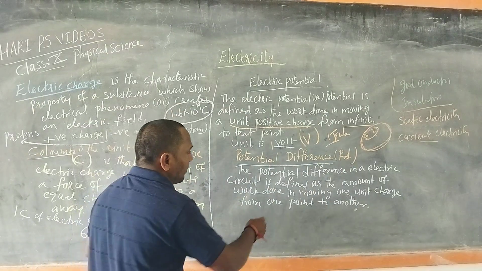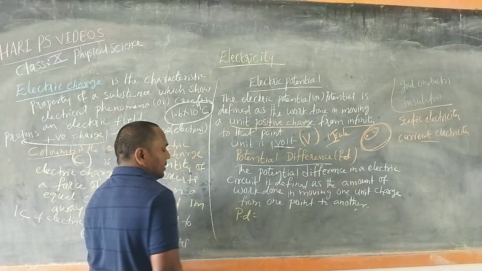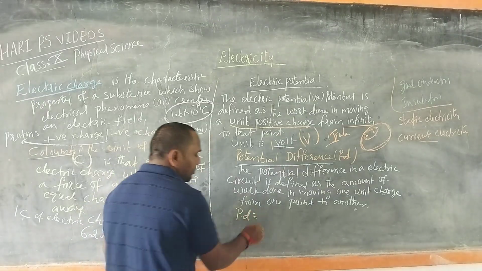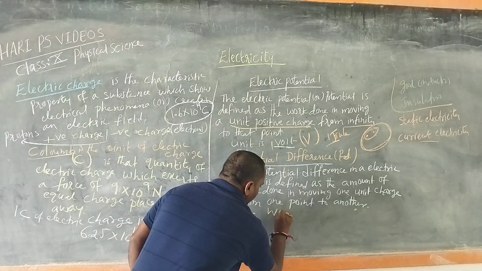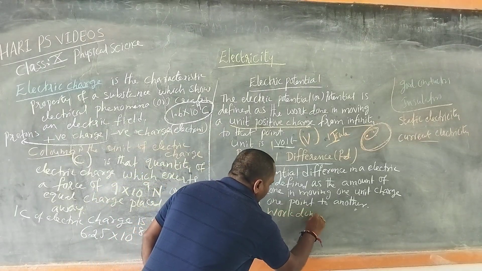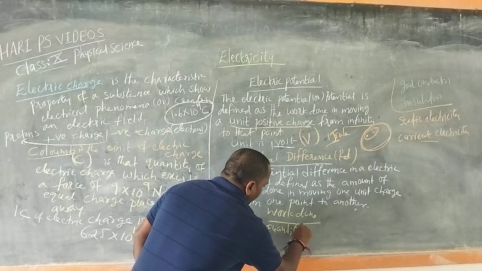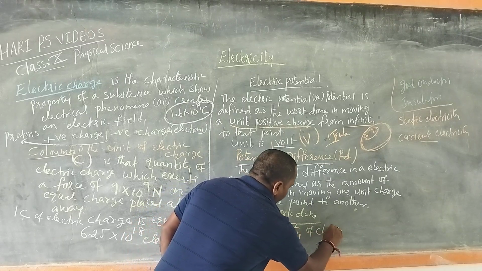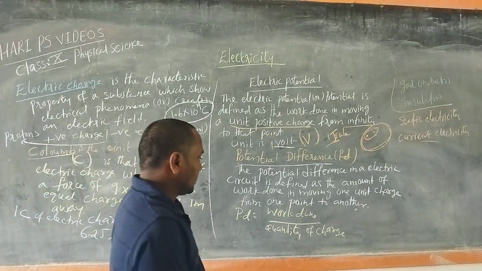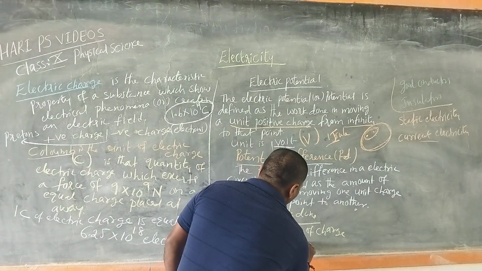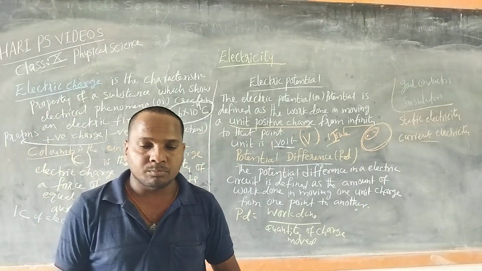Potential difference, PD, is equal to work done by quantity of charge moved.